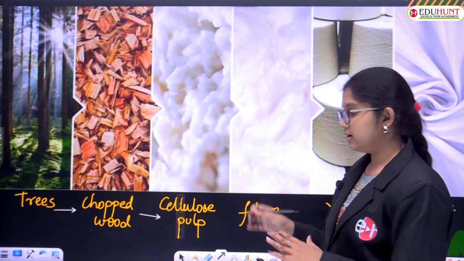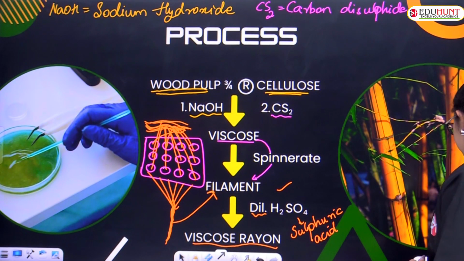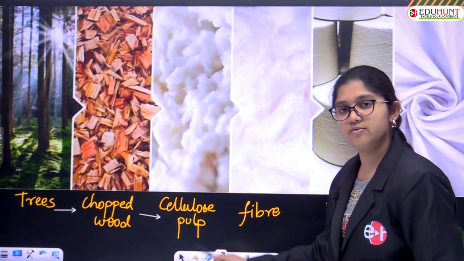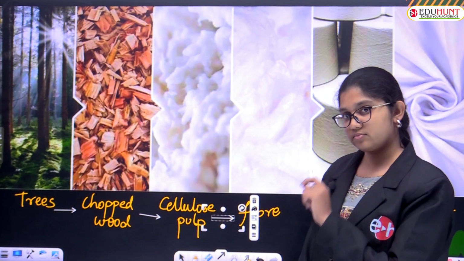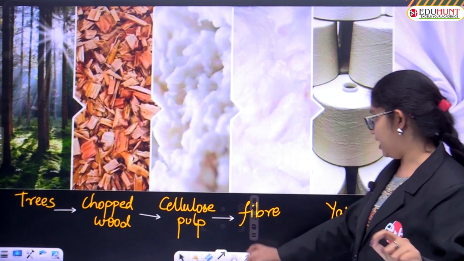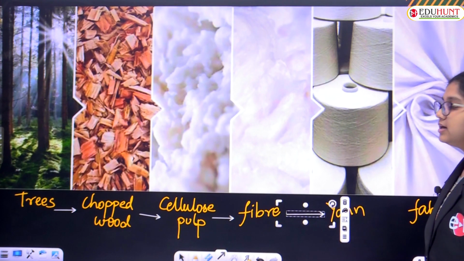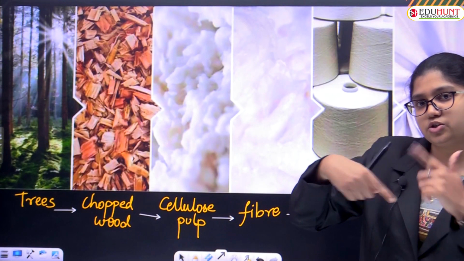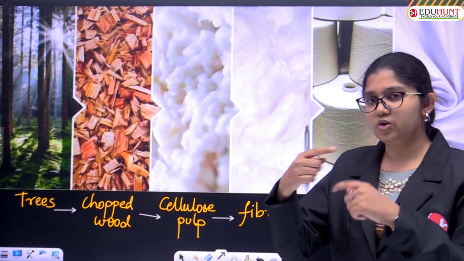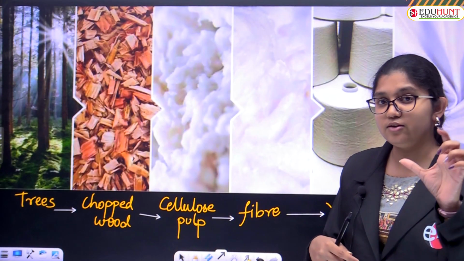And from there, you saw the process right here, no? How it's processed into rayon. That process turns cellulose pulp into rayon fiber. The filaments of the rayon fiber, and from there you get yarn. You know what yarn is? Yarn is nothing but taking all the fibers together and rolling them into threads. You get a bundle of fibers together, roll it and roll it.